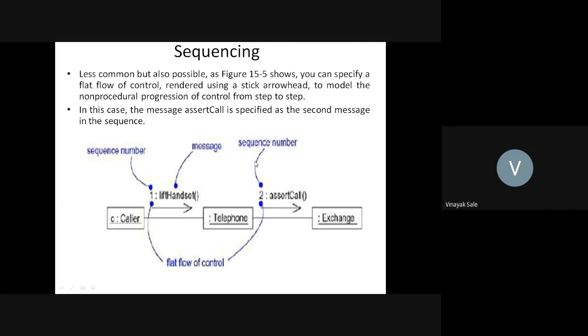Similarly, 2 is also a sequence number. So this is known as flat flow of control, and the messages, say handshake or assert call, are the messages from caller to telephone, telephone to exchange respectively.